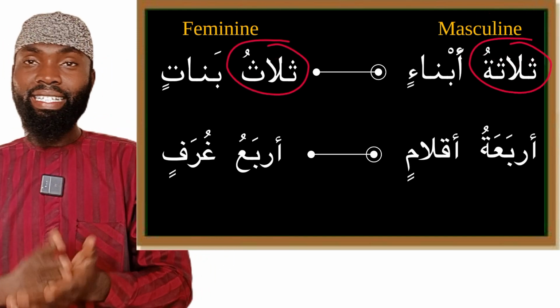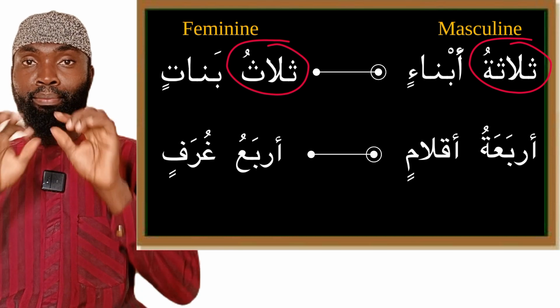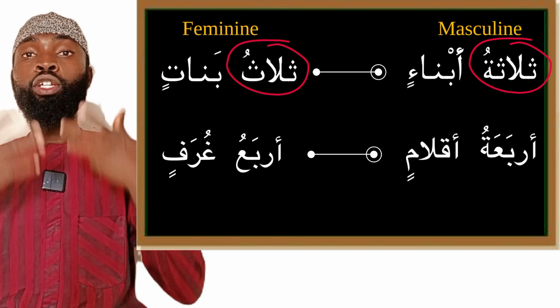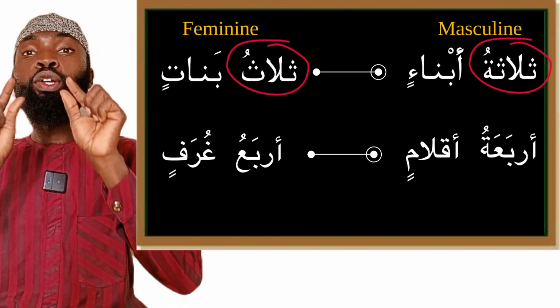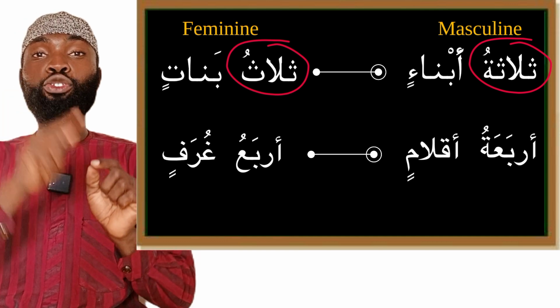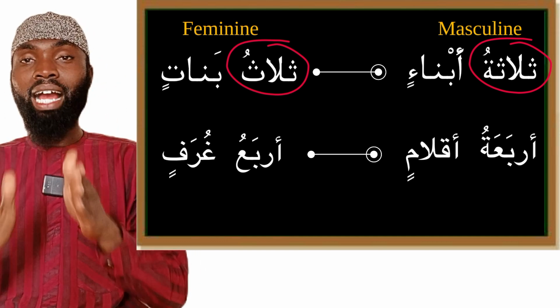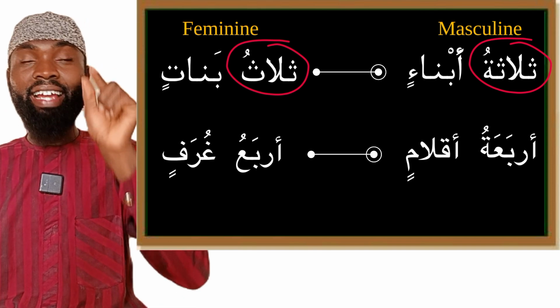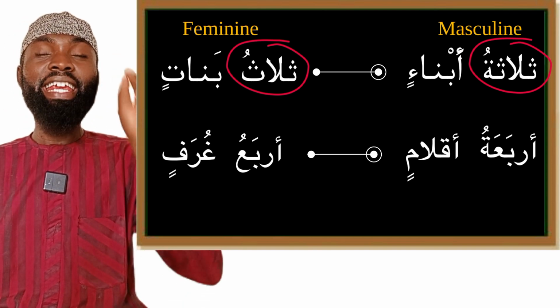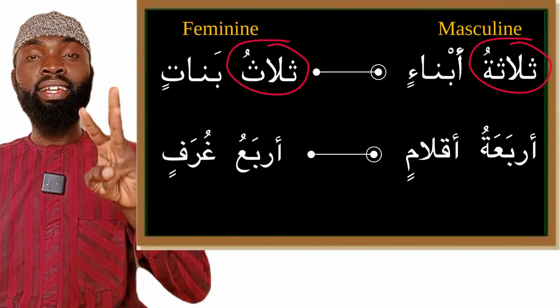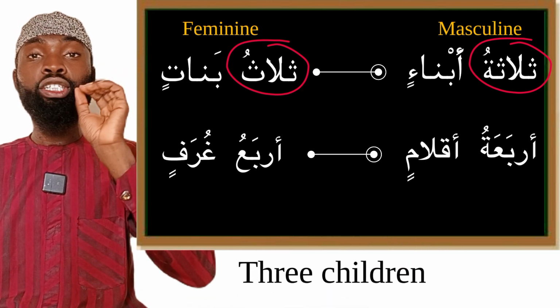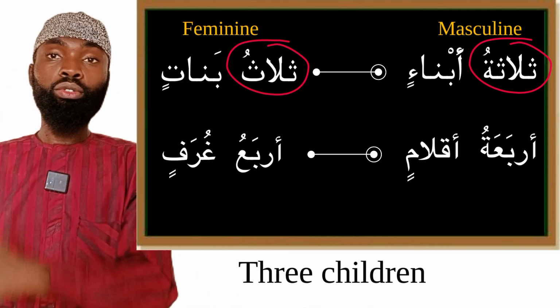The difference is that when you are counting masculine nouns or masculine objects or persons, you are going to be using thalathatu with the ta'u marbuta, that is the closed ta. That is why I say thalathatu abna'in, which means three sons or three children, that is male children.